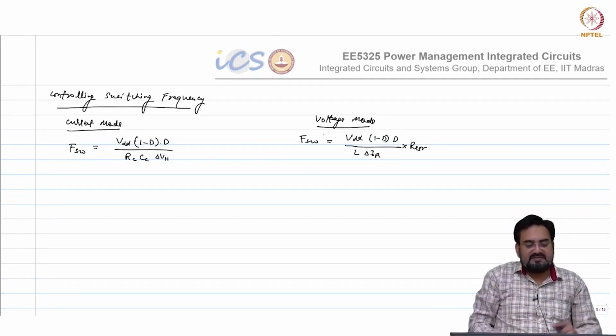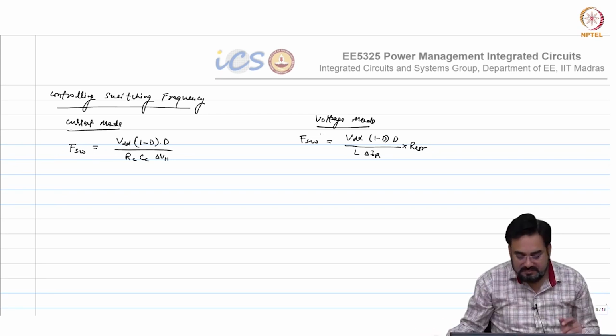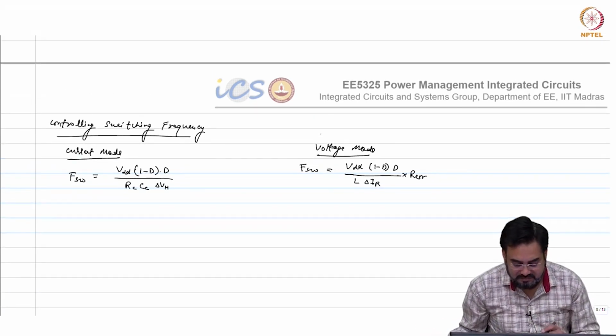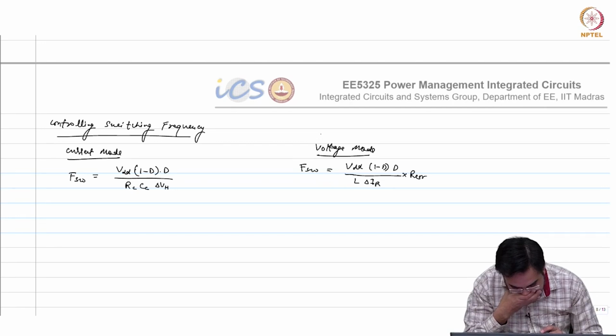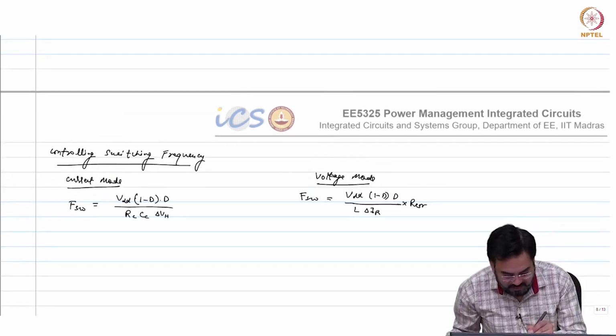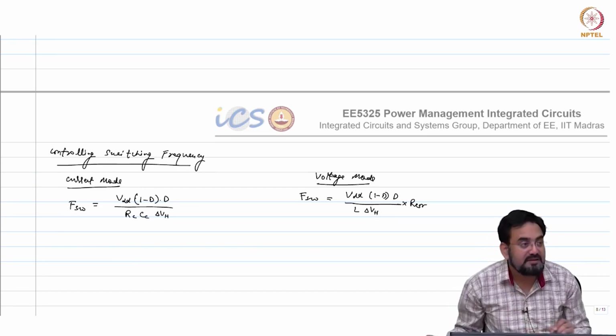What are the different ways we can control the switching frequency here? I think this was delta VH. Correct?